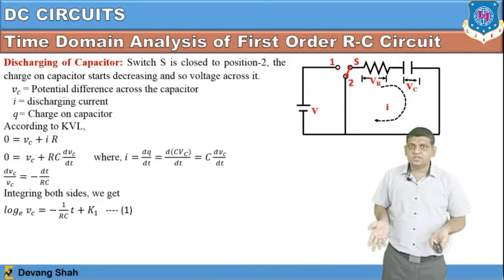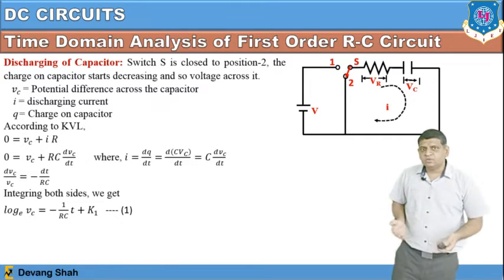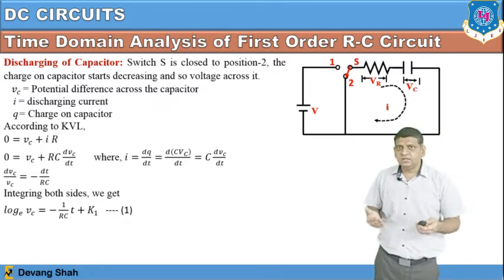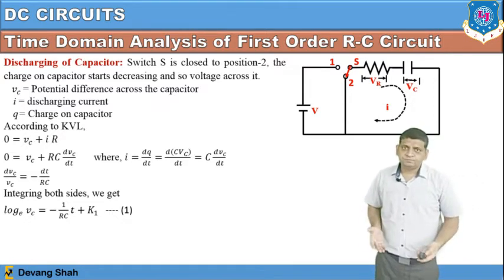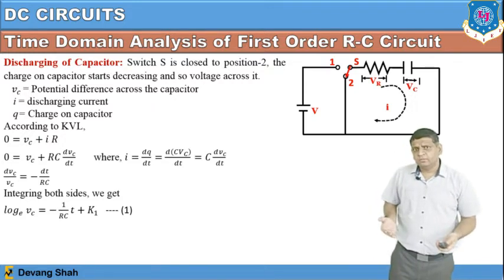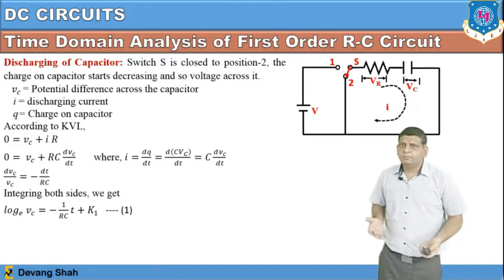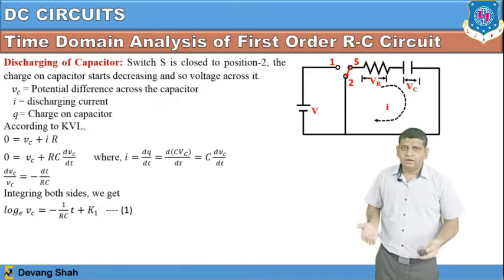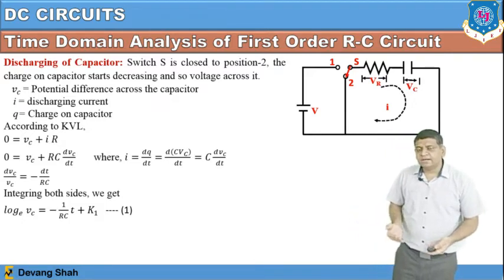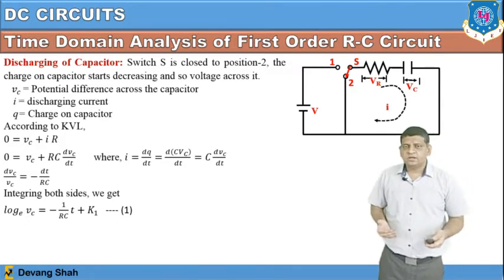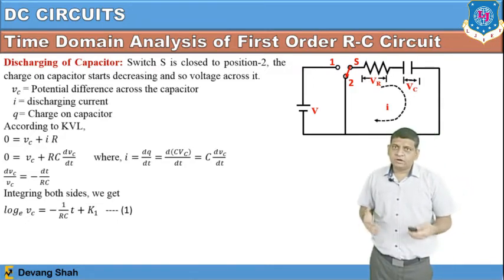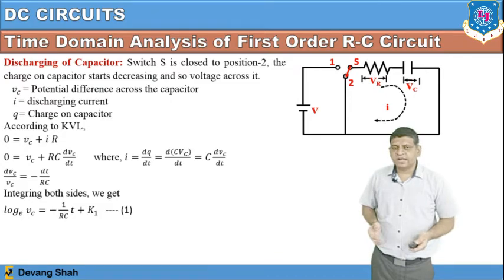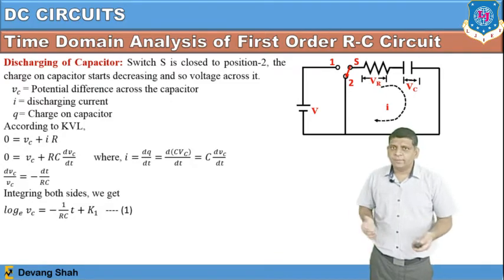Rearranging, dVc divided by Vc is equal to minus dt divided by RC. Taking the integration on both sides, you will find log Vc is equal to minus t by RC plus K1. You can refer to our previous slides for the integration.